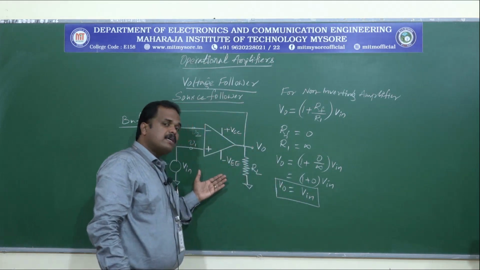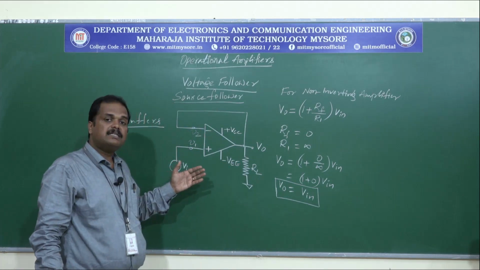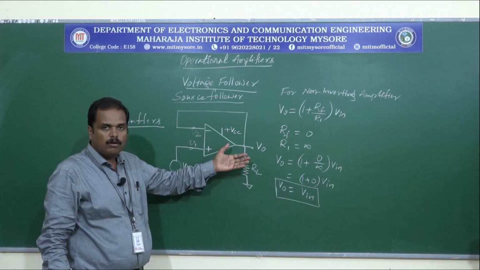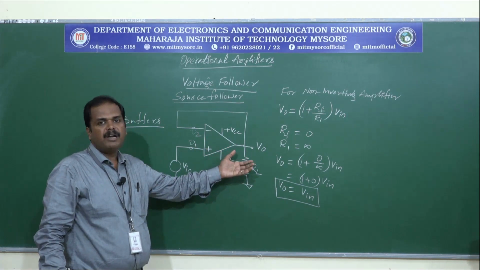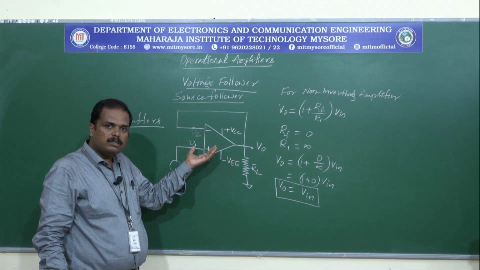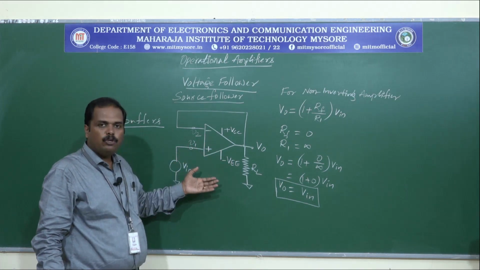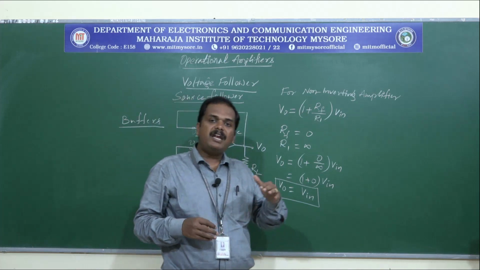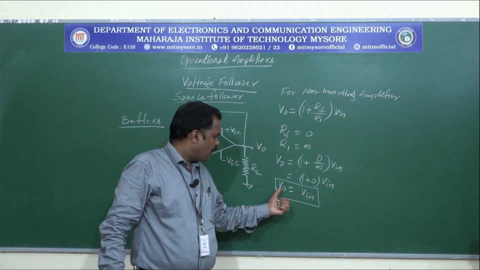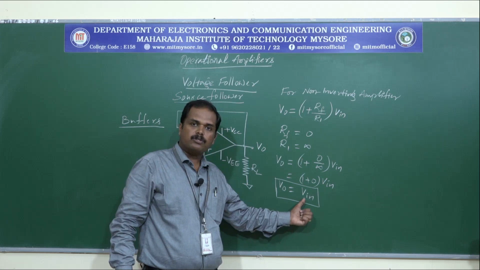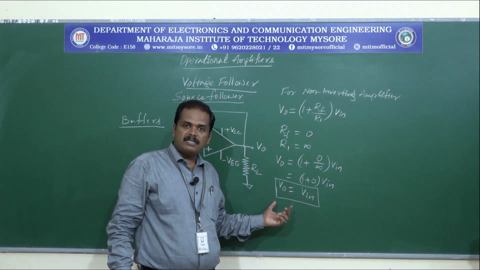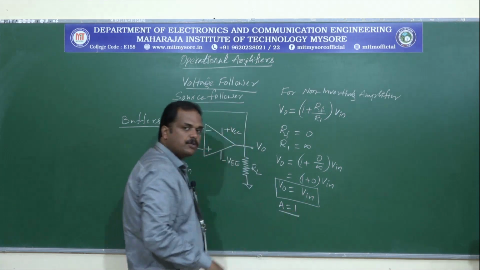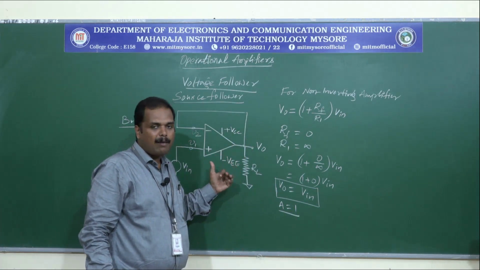So this op-amp circuit has advantages like huge input impedance and almost zero or low output impedance. This circuit can be used as a buffer where voltage needs to be maintained the same. Here you can see output is equal to input, so voltage is going to be maintained the same. So we can say gain is equal to 1. This is also called a unity gain amplifier.